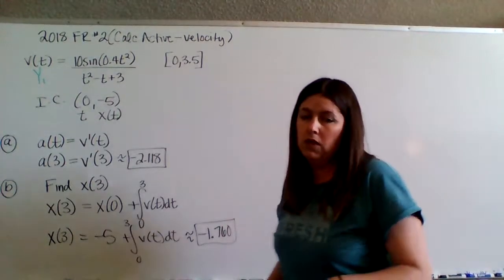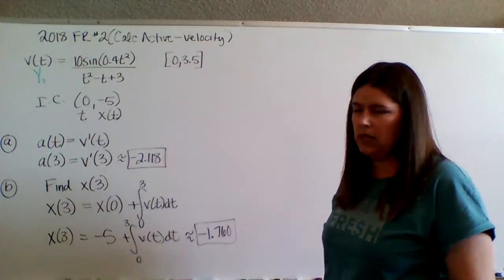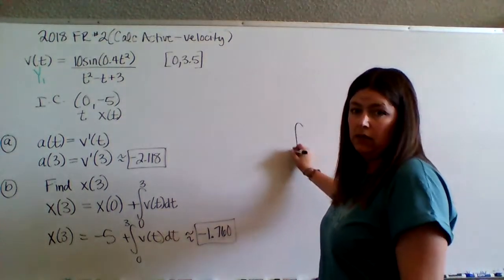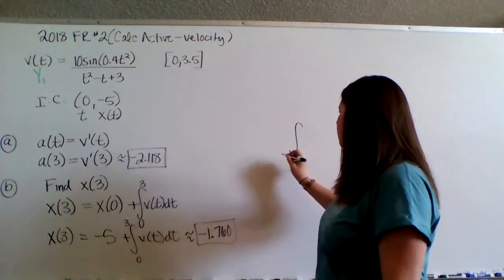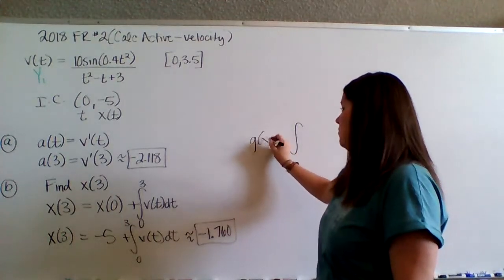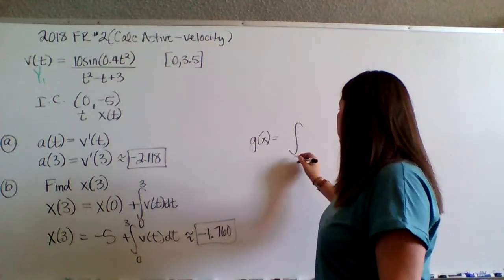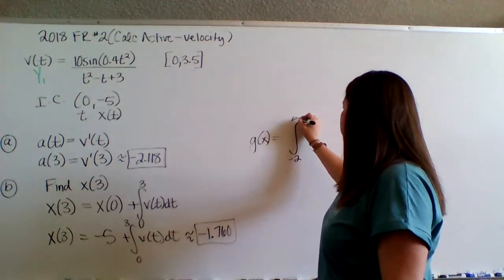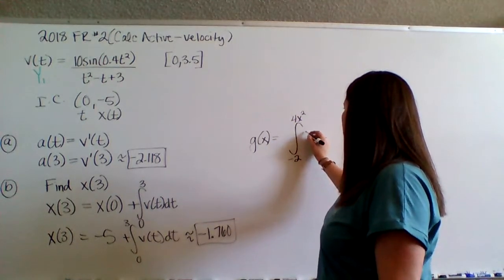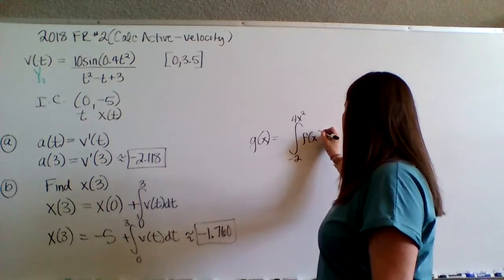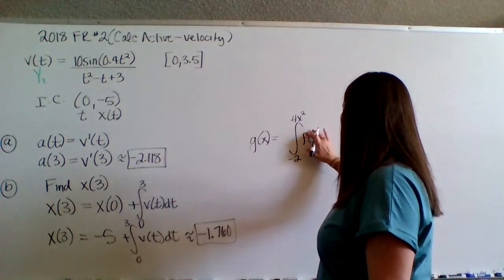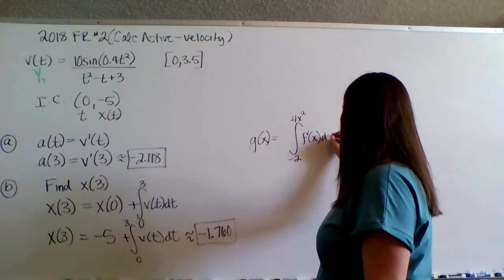We haven't reviewed that whole chain rule part for a long time, and it would probably show up on multiple choice, but I'm going to go off on a little tangent right here. You guys remember if you had something like this, and you had a rule, I'm just making something up, g of x equals, let's say, the integral from negative 2 to 4x squared of f prime of x dx, something like this.